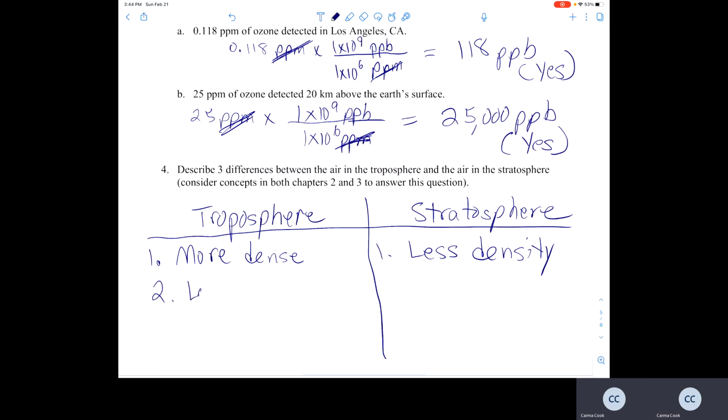In the troposphere, we have a lower concentration of both oxygen and ozone.